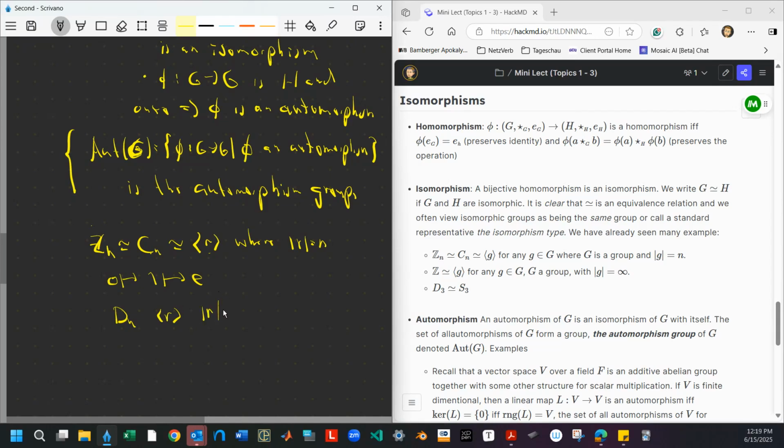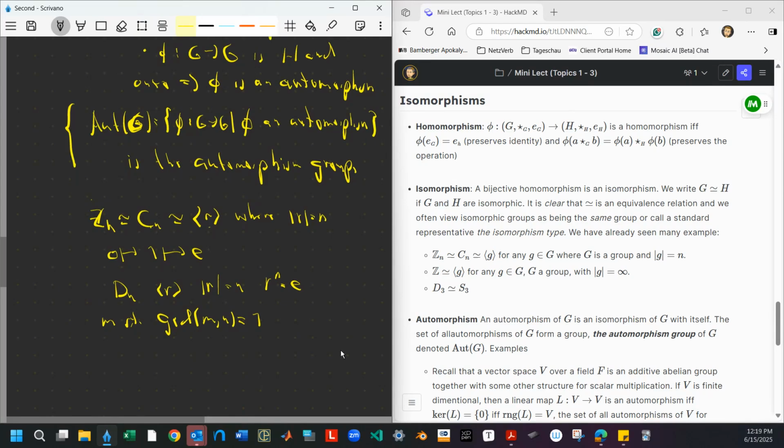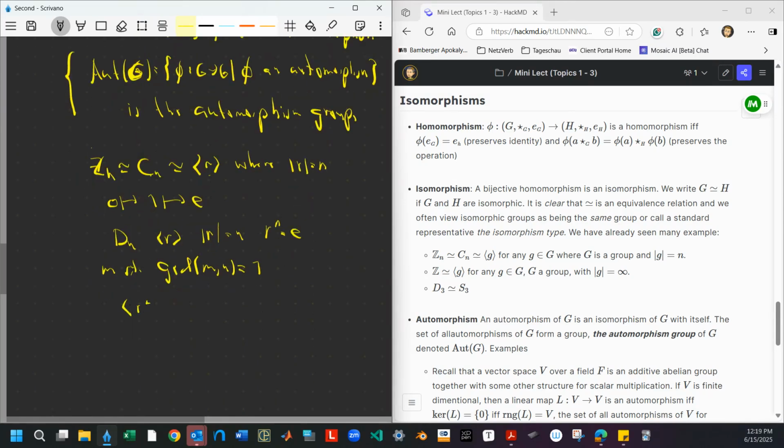We know that the order of R is n, and that R to the n is equal to E. If I take m such that GCD of m and n is equal to 1, then we know that Rm generates everything. This is part of what we did with cyclic groups above. So the map sending 0, 1 to R, 0, 1 to Rm, R to Rm. I can map a generator to a generator, and that will still generate the whole group, and all the structure will be the same.